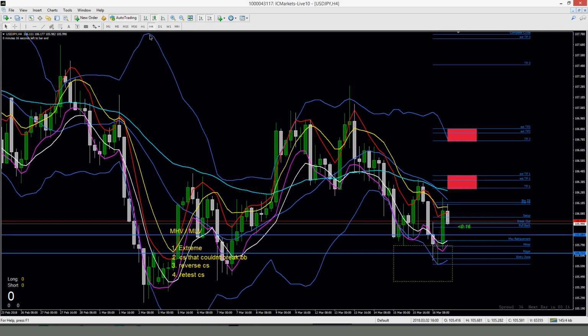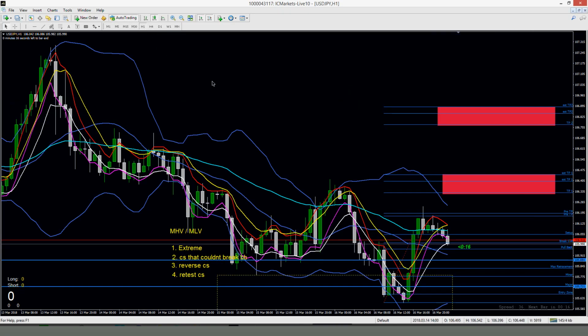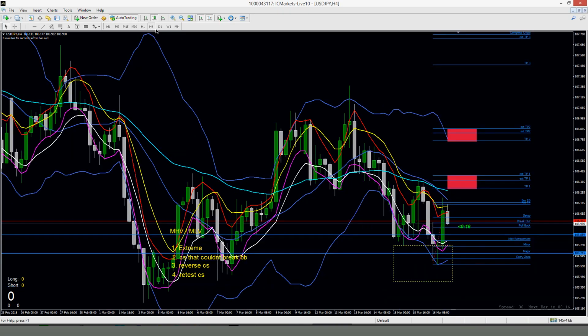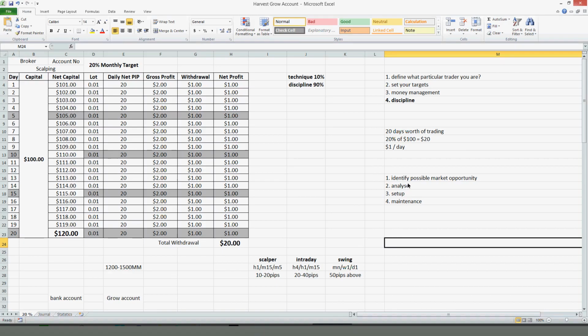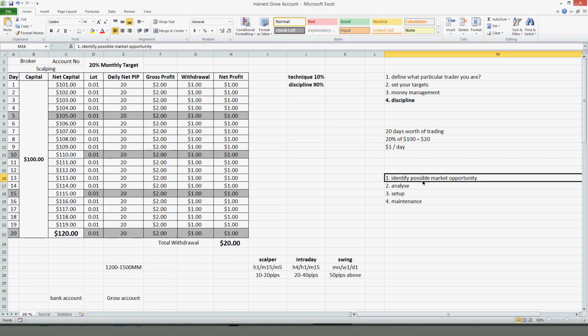If I'm a scalper, then I'll be looking for a setup on H1, M15, M5. If I'm an intraday trader, then I'll go for the re-entry, the MHB entry at H4, because I know the market is trying to go to middle BB of daily, for example. Okay, so these are the things you need to do in order to identify the possible market opportunity.